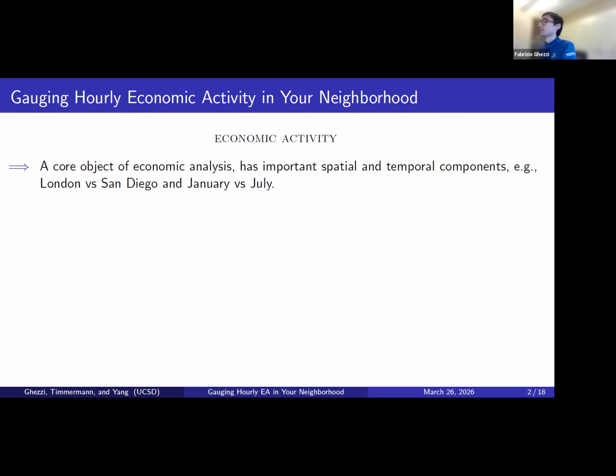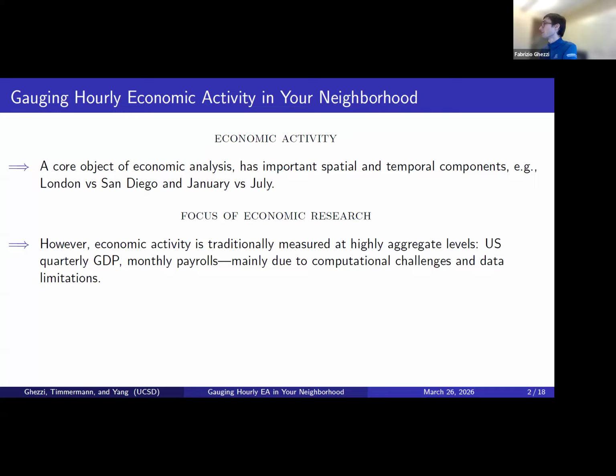Economic activity in London is probably very different from San Diego. Even if we fix location, economic activity in January is very different from July, for example. But much of the economic research has focused on aggregate levels of economic activity.